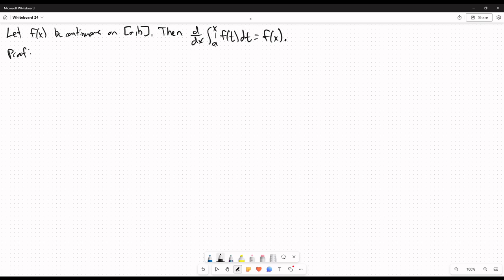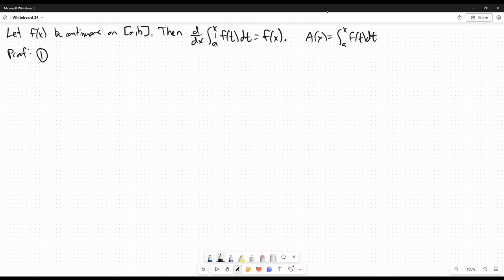So the first thing I want to do is go back to the definition of the derivative. I'm going to set up a definition of the derivative just to make my life easier. I'm going to use A of x to denote the integral from a to x of f of t dt. Sometimes that will be a little easier.